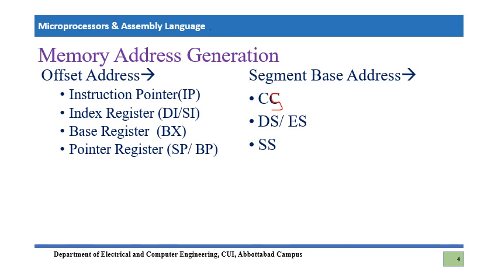So that is how these two addresses, which are the two integral parts of logical addressing, are stored in several internal registers. I have just listed those registers for you.